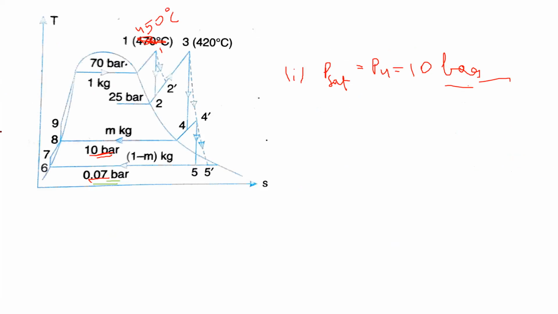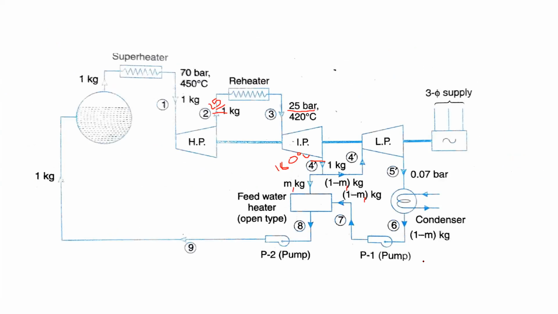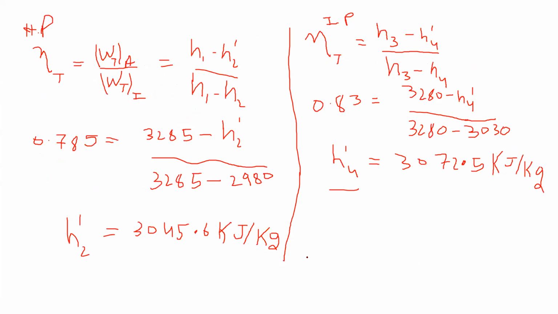At the seventh position also I am having one inlet. 4 and 7 are inlets and 8 is the outlet here. At this condition, I have the mass of 1 minus M1 at the seventh state. M1 into H7 is equal to 1 into H8.